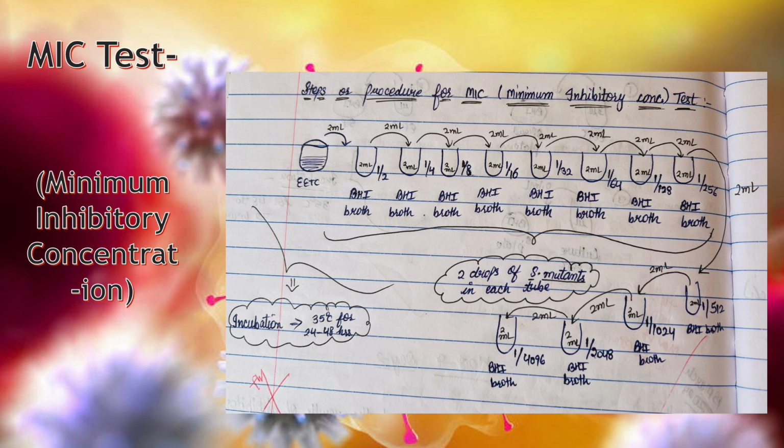The MIC determination provides crucial information on the potency of Terminalia chebula ethanol extract against Streptococcus mutans, and helps in understanding its antimicrobial effectiveness. By means of this test, we determined the MIC, which is the lowest concentration of the extract that prevents visible bacterial growth, as observed by turbidity, which is going to be further discussed in the results section.